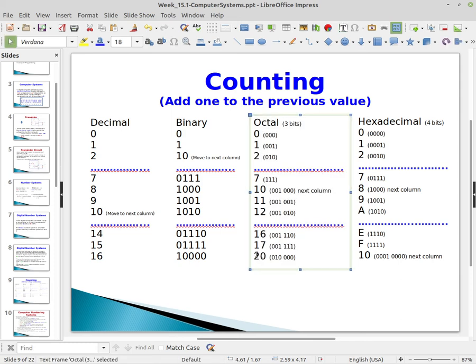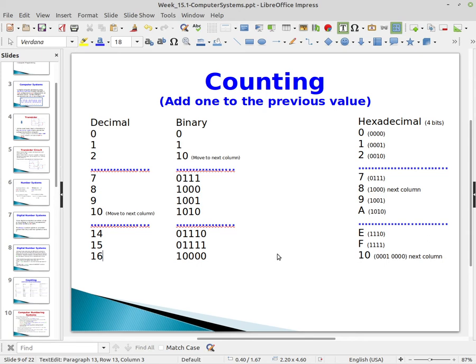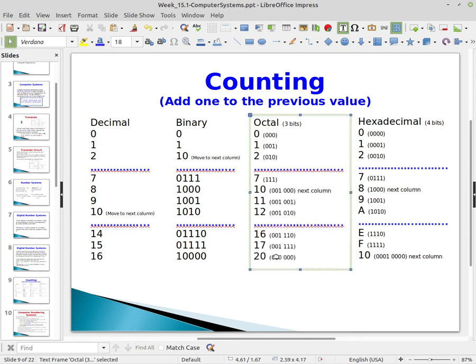And then 20 in octal is 16 in decimal, which represents a 010000. So it's representing, again, 6 bits.